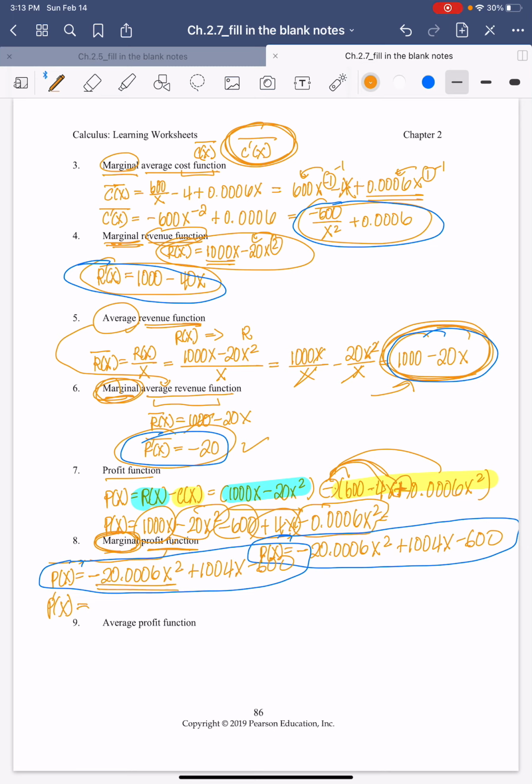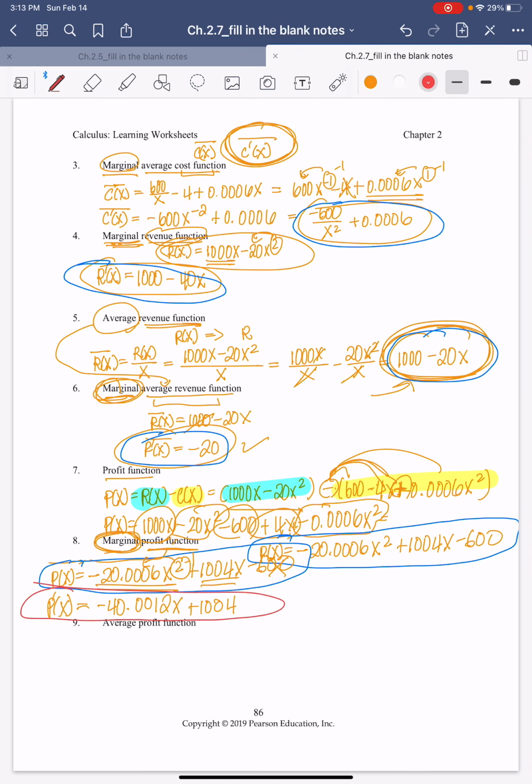So let's do that term by term. The 2 goes down and multiplies, so that makes negative 40.0012x. Subtract 1 from the exponent, that will be just x, plus 1004, and the 600 disappears. So this will be my final answer.